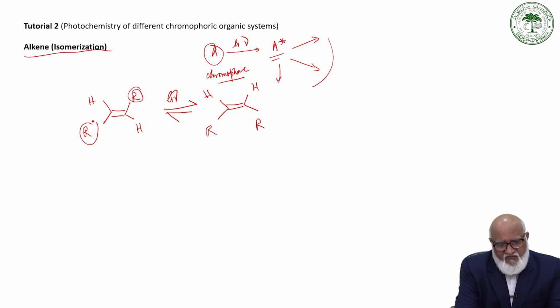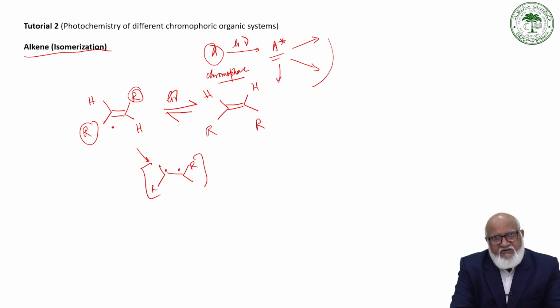Under photolytic condition, the molecule goes to an excited state, and these excited states are diradical species. The double bond character, which restricts the rotation of the molecule, is now lost, and free rotation is possible.